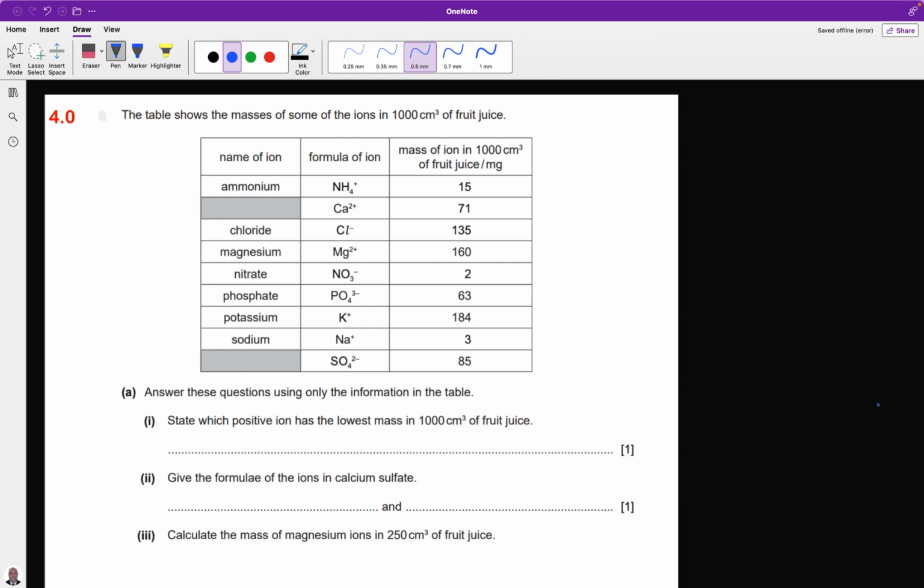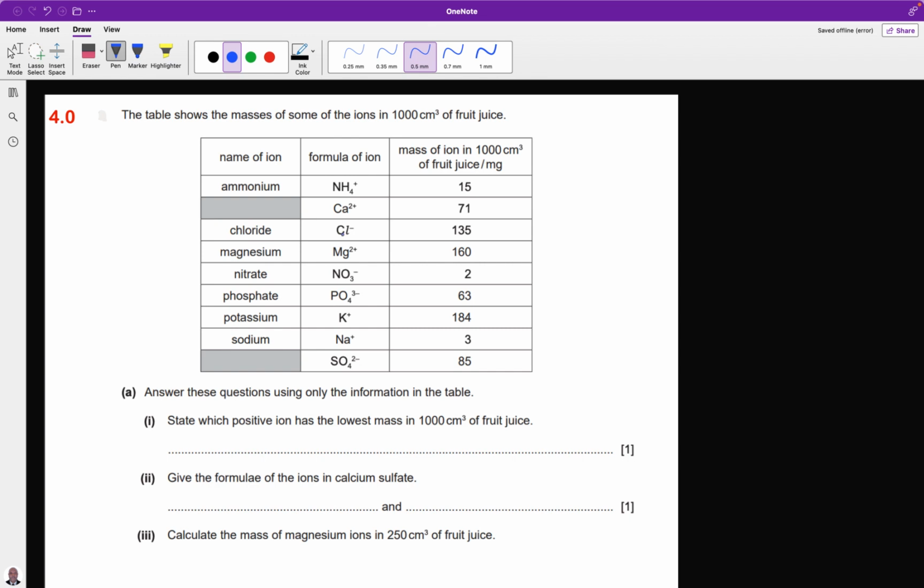A. Answer this question using only the information in the table. 1. State which positive ion has the lowest mass in 1000 cm cube of fruit juice. The lowest mass here is 2, but that is not a positive ion.